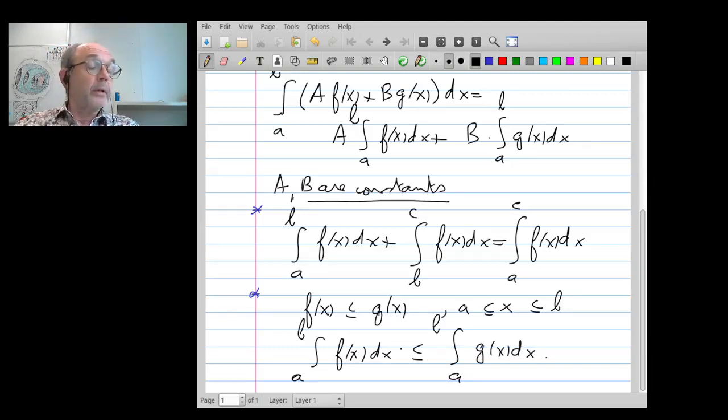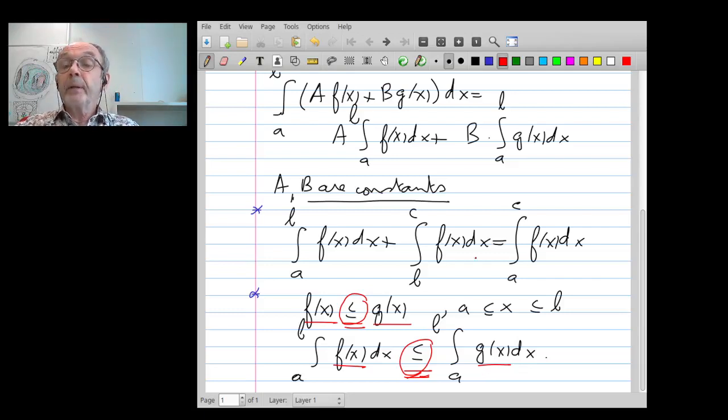So you see that your function f is less or equal to g, and you have the same for your integral. Here your f, and there your g. No problems.